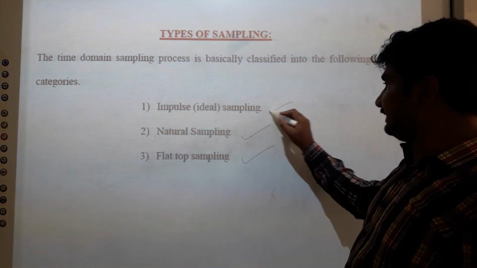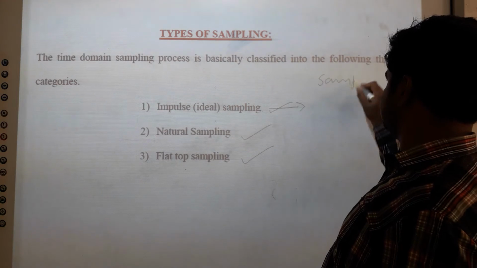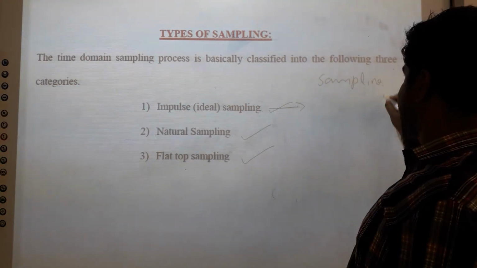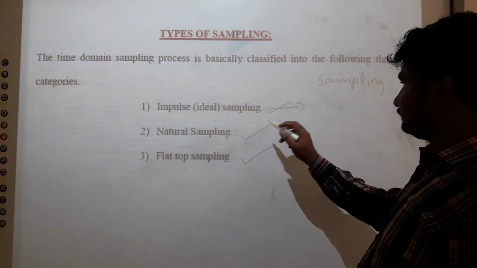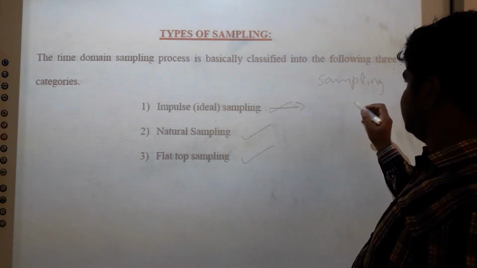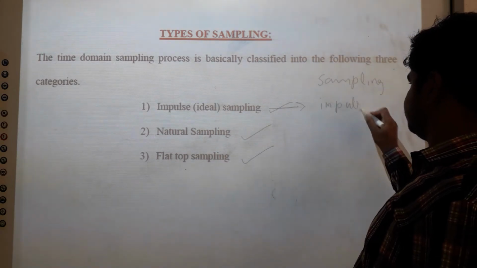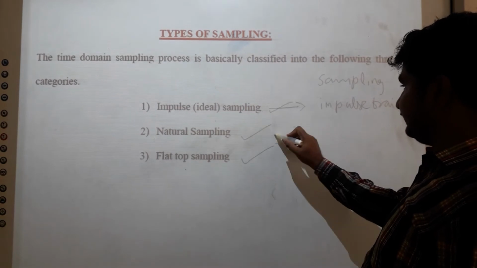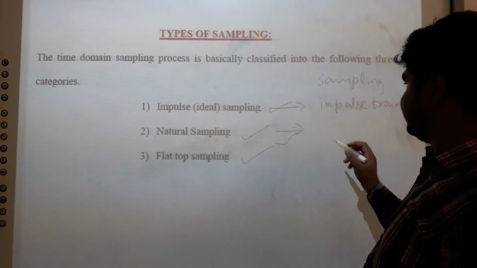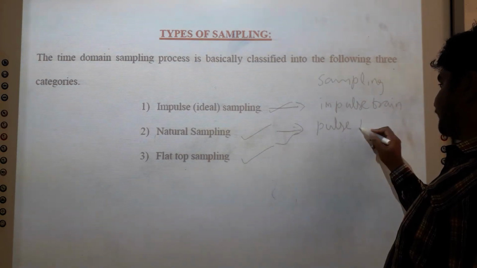So ideal sampling is nothing but here the sampling signal should be an impulse train. In natural sampling, the sampling signal should be a pulse train.